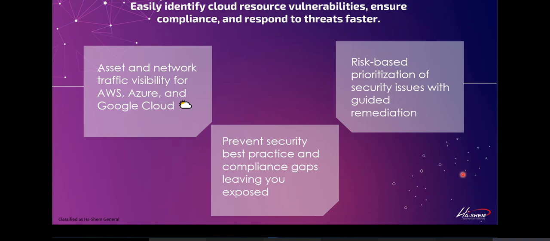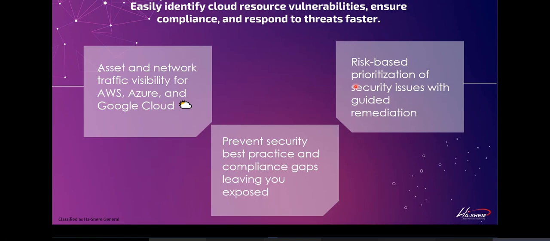This is where Sophos Cloud Optix helps you integrate all of this, so you have one portal to see everything. You can easily prevent security best practice and compliance gaps that are leaving you exposed. You can integrate with best practices and see all the compliance gaps you have. Then you also have risk-based prioritization of security issues, and guided remediations to help you move faster.